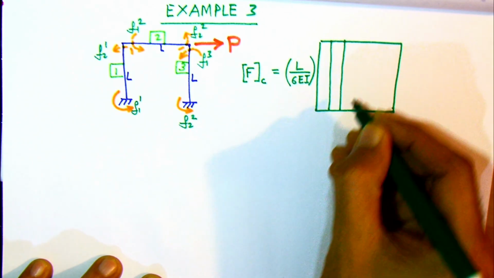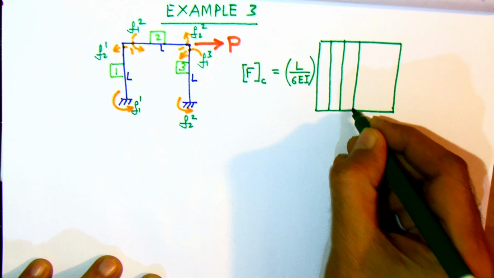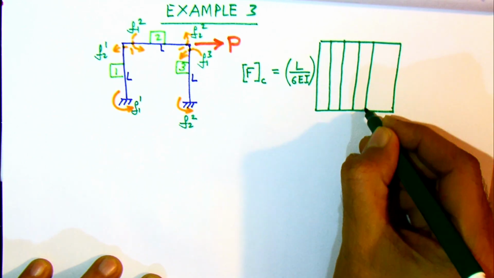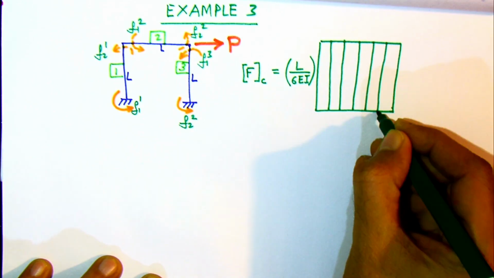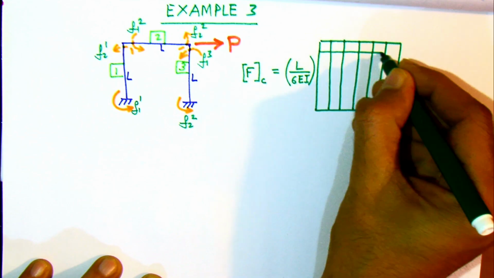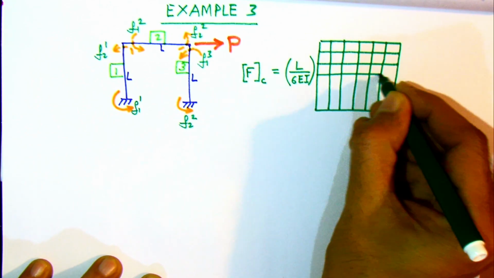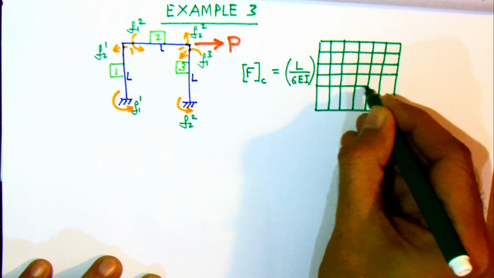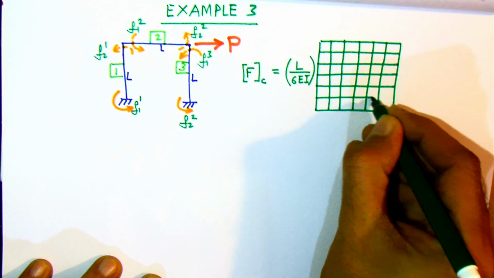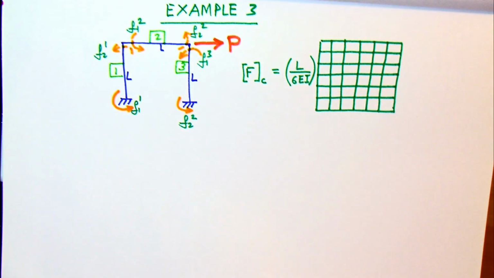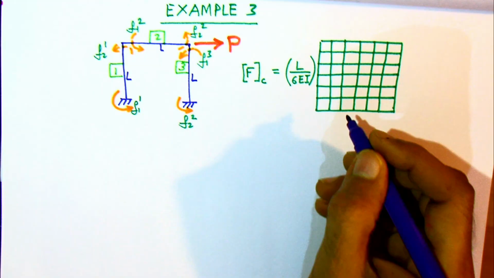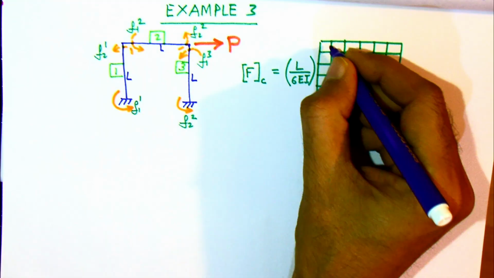So now we can also form the collective flexibility matrix, because there are 3 members, so the size of the collective flexibility matrix will be 6 by 6, and this also matches well with the fact that there are 6 internal forces. So this expression can be directly written, since this is standard.